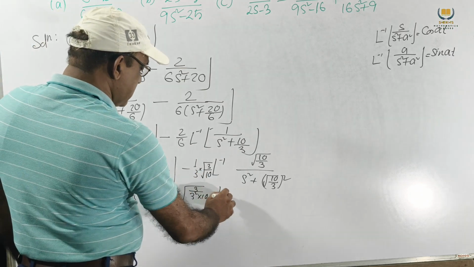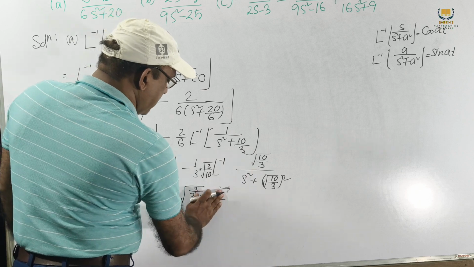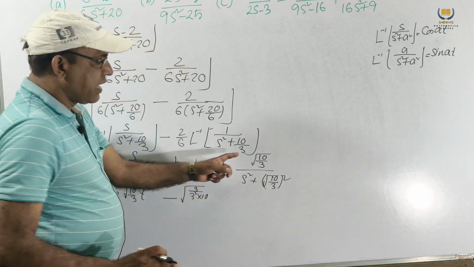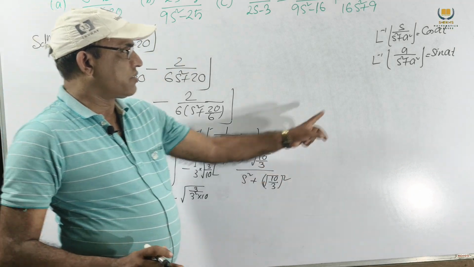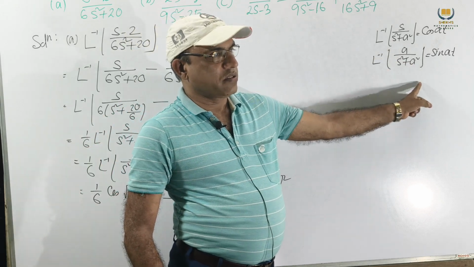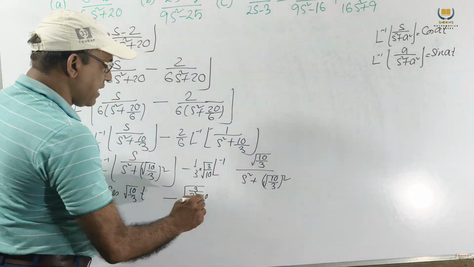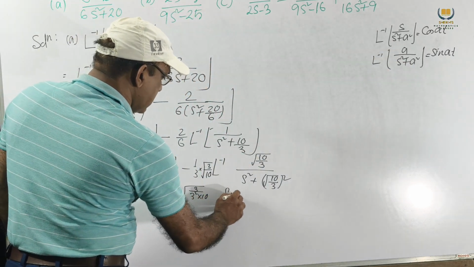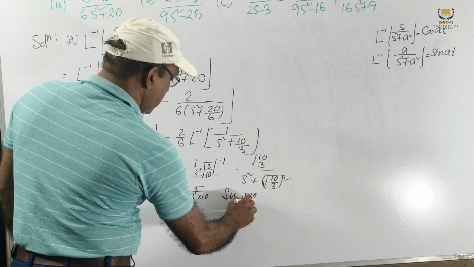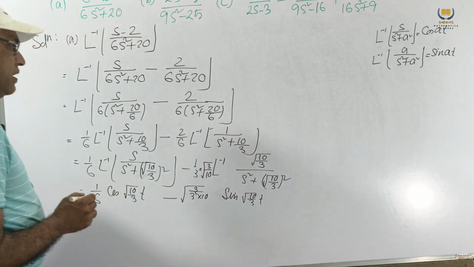The formula a by (s square plus a square) gives sin at, so this is sin root 10 by 3 t.